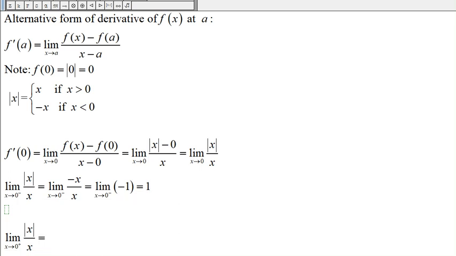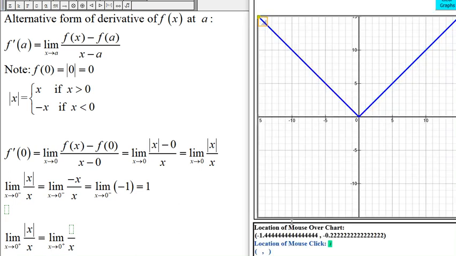And then for this one, we let x approach 0 from the right, meaning x is to the right of 0. So this is 0 right here, and from the right we let x approach 0, but we're still to the right of 0.